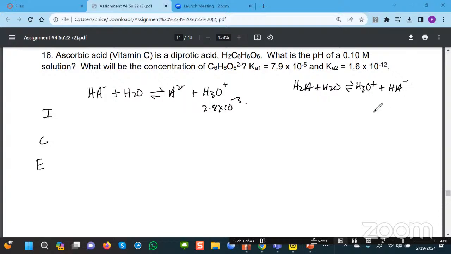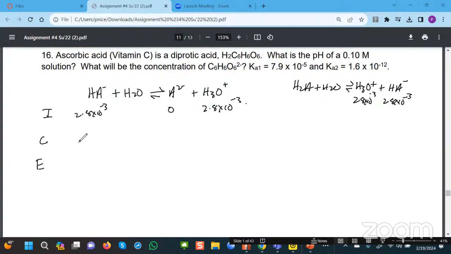At equilibrium, if this is the concentration of hydronium, the concentration of HA minus is going to be the same because it's a 1-to-1 mole ratio. So the initial concentration of HA minus for the second dissociation is going to be 2.8 times 10 to the minus 3, right?